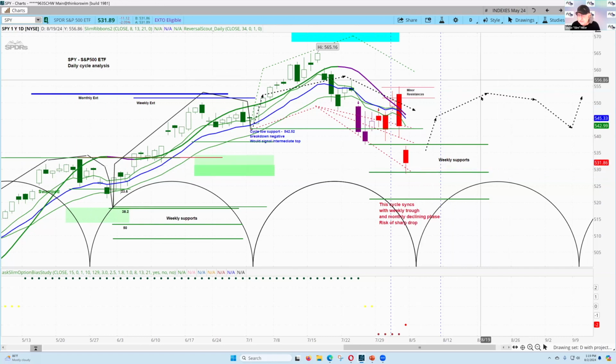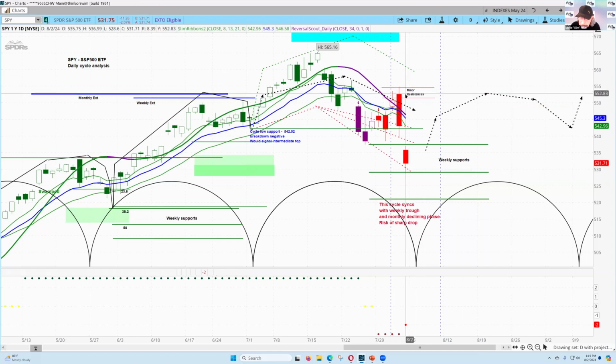I'll be able to put in the resistance zones right in here that would suggest that the market will have a tough time at that level. Just as it had a tough time right over here, we'll have some resistance zones that say that's probably the area it's going to rebound to, but I can't do that until I know where the low is in here and I have the anchor point.